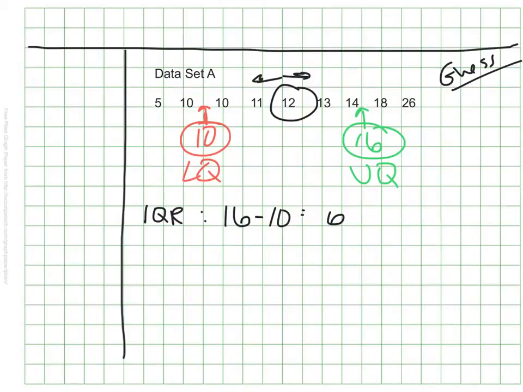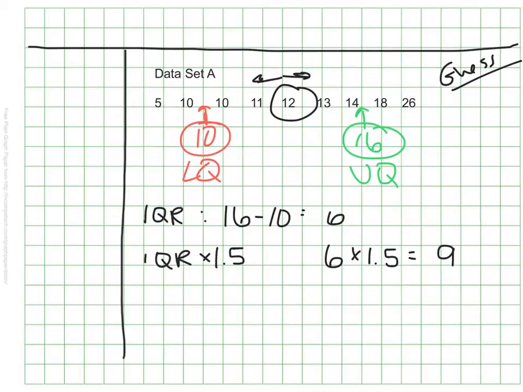So that was all step 1, that was all just finding our interquartile range. Now we're going to take our interquartile range and multiply it by 1.5. So in this case, we're going to be multiplying 6 times 1.5. When we multiply 6 by 1.5, we should get a value of 9.